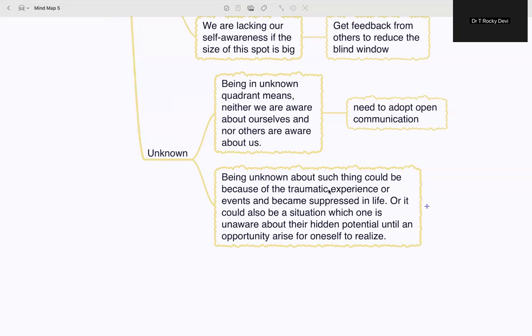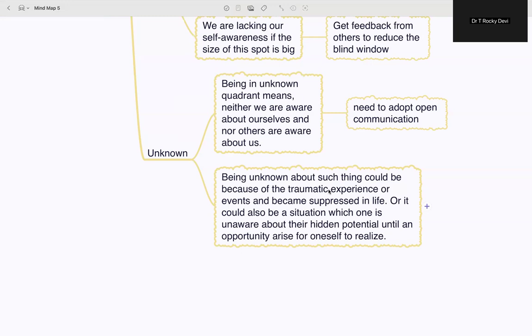As an example, in childhood, in your primary school days, if your teacher tells you that you are not good at dancing, at that moment you believe it and start perceiving yourself as not a good dancer. Even when you have the ability and skills, you will still suppress it and you will not know that you are a good dancer.